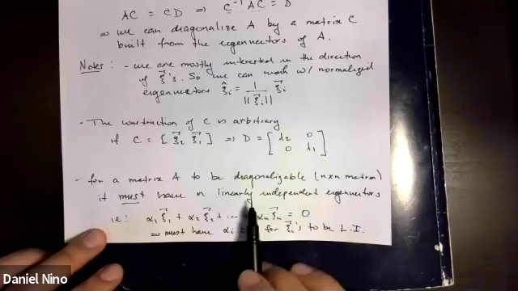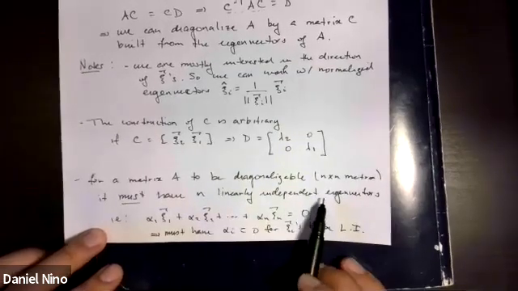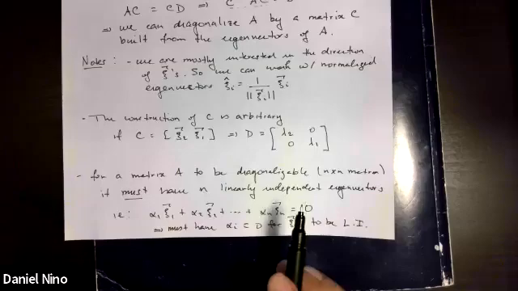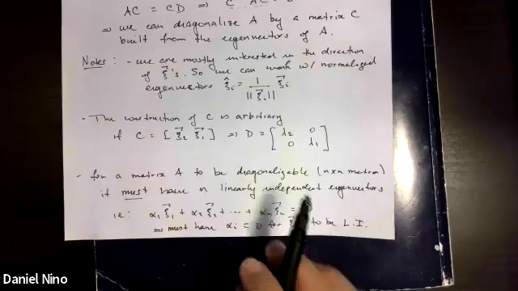If a matrix can't have n linearly independent eigenvectors, then it can't be diagonalized.